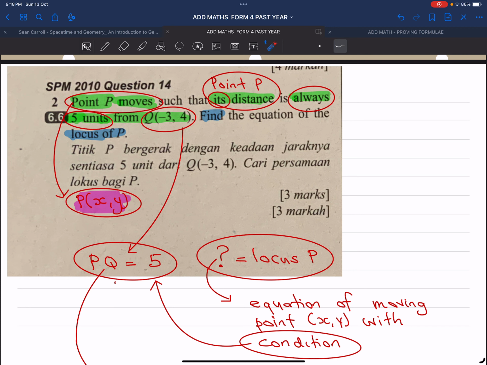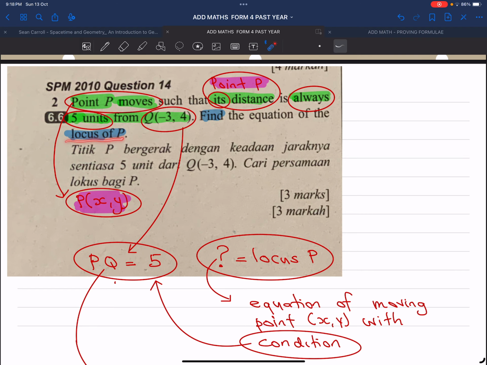We continue, such that its distance, now it is referring to the point P, the distance of point P is always 5 units from the point Q, negative 3, 4. The question: find the locus of P.